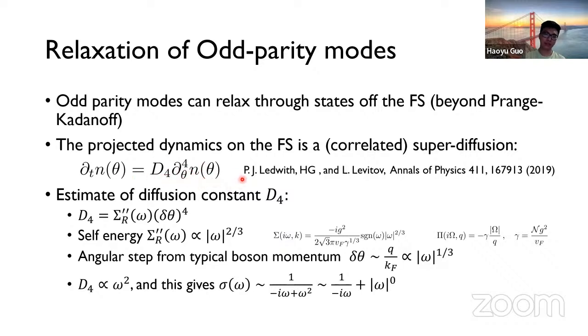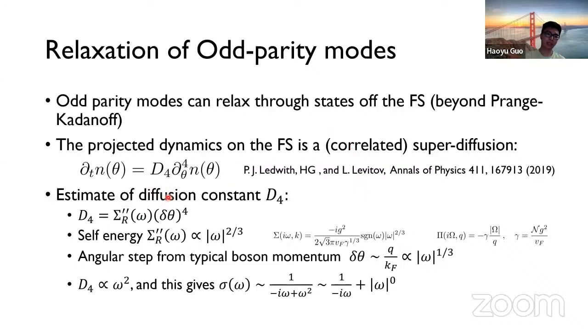But for this case of the odd parity mode, the diffusion is correlated. It's a diffusion problem where you move two particles together, and you need to conserve the center of mass. So this is a correlated diffusion problem, which we called super diffusion in the previous paper.